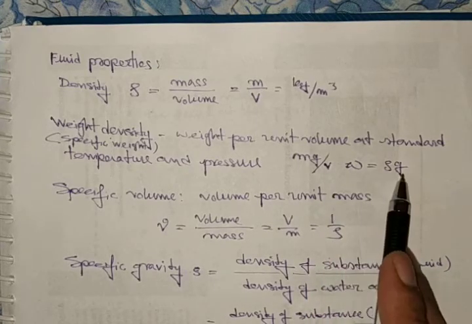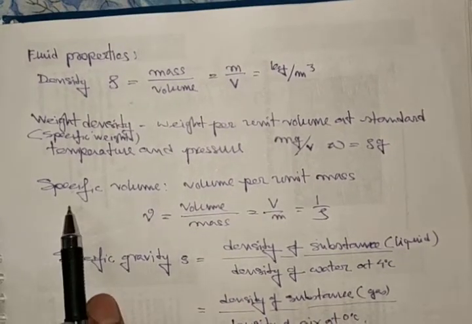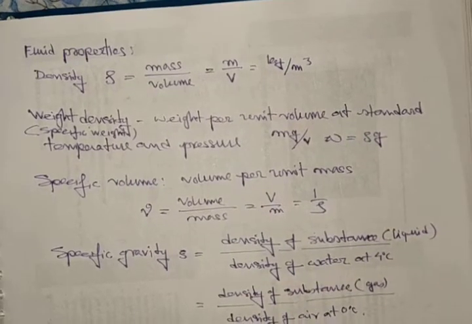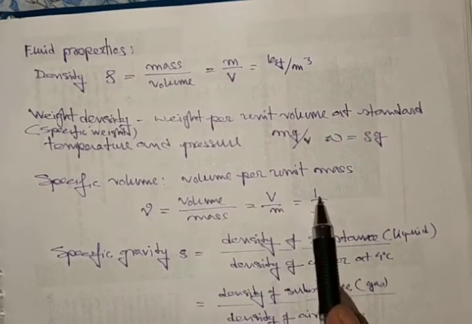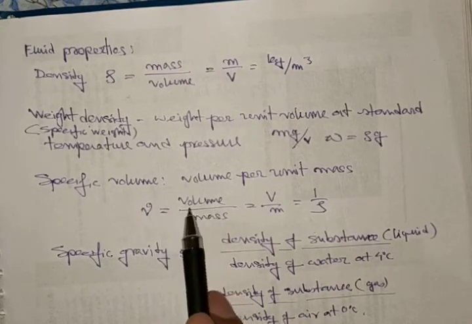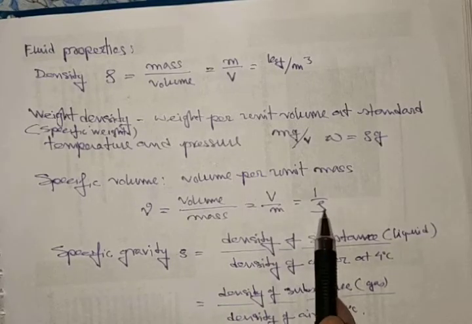So omega is equal to rho g. Specific volume is volume per unit mass, so it is basically the reciprocal of density: V by M equals 1 by rho.